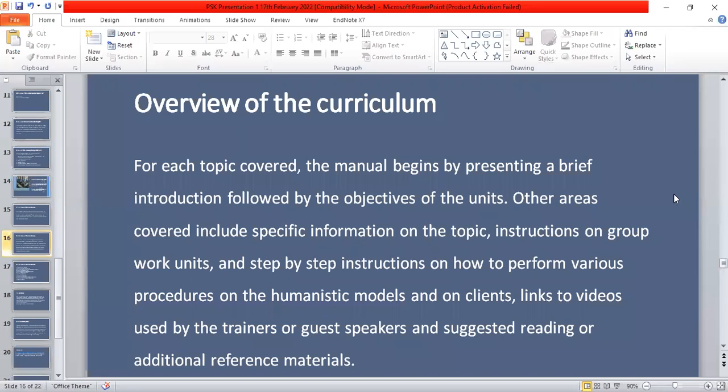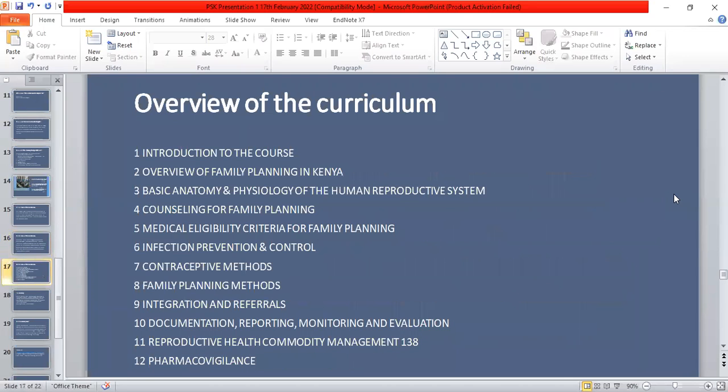So it's quite rich and robust in terms of its ability to impart knowledge and skills. Remember, again, we have a cohort of trained TOTs who will be there to offer this training.